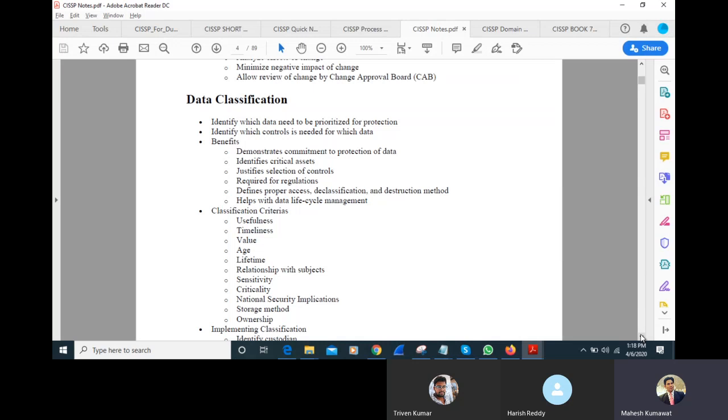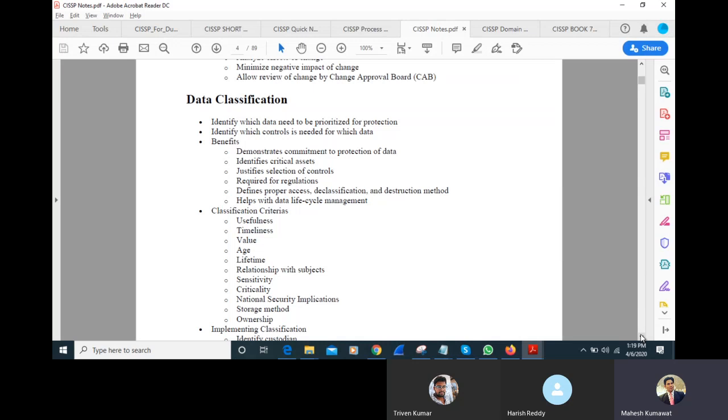What is the benefit of it? It demonstrates commitment to protection of data, identifies critical assets, justifies selection of controls required for regulation, defines proper access, declassification, and restriction methods, and helps with data life cycle management.